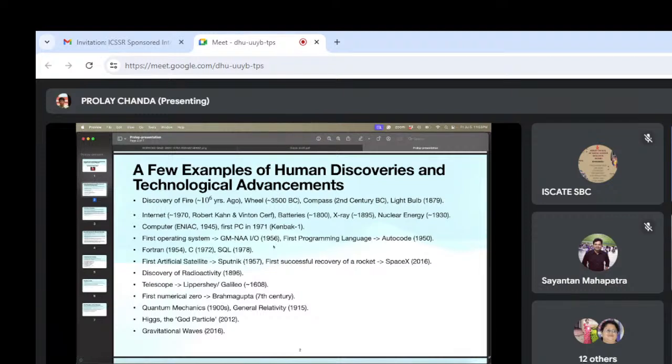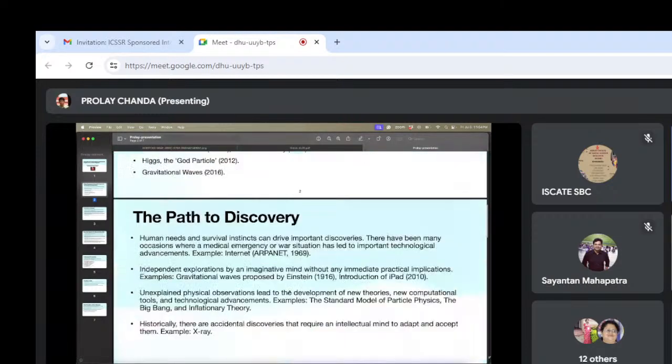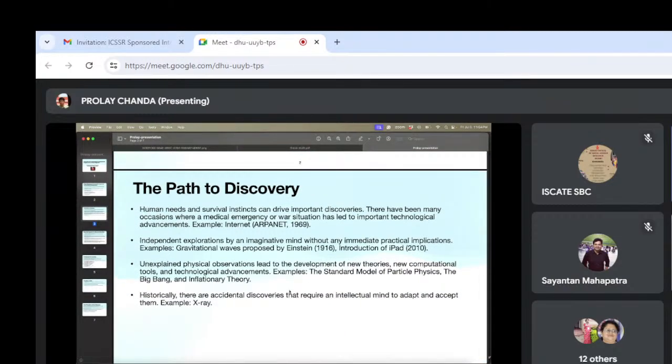One is you develop something which was not developed before, and also our mind is evolving in how you can develop something, what you mean by development. With that, I would like to summarize how a discovery can happen.